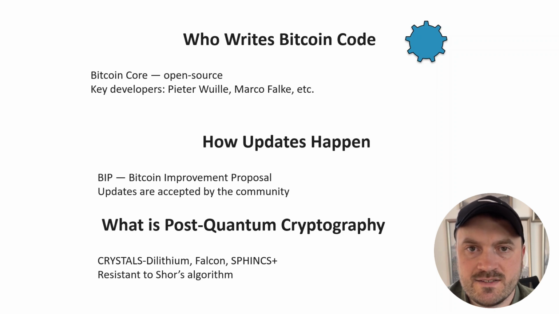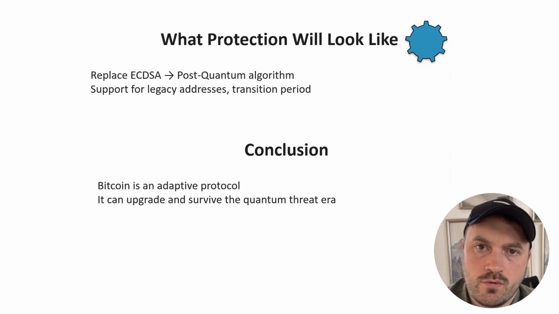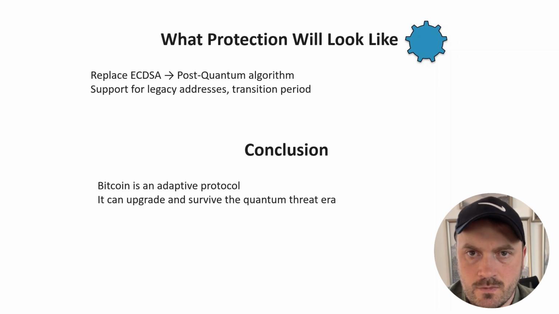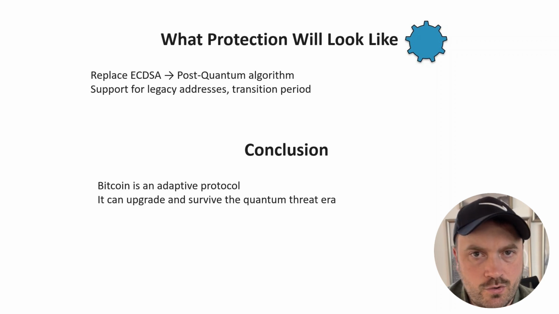If Bitcoin decides to switch to post-quantum cryptography, it will require replacing ECDSA with, for example, CRYSTALS-Dilithium, updating the Bitcoin Core code, changing the way transaction signatures are formed, ensuring backward compatibility so that old addresses and wallets don't lose funds.